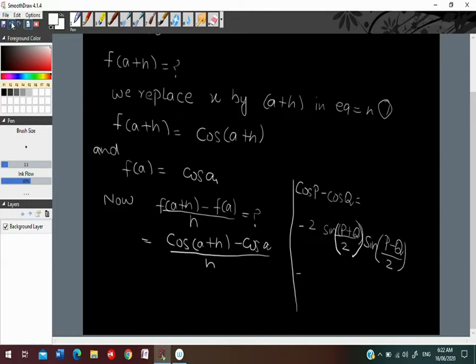So we use this formula in our question. For p we have a plus h and for q we have this a, right? Here we have cos p minus cos q, but in our question we have cos of a plus h minus cos of a. So we replace p by this a plus h and q by this a.